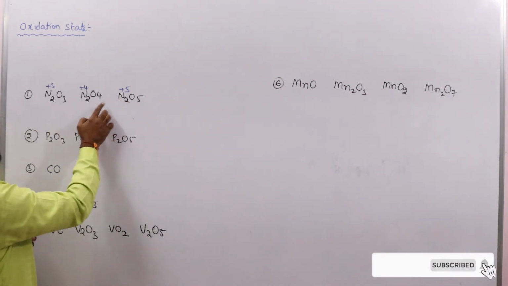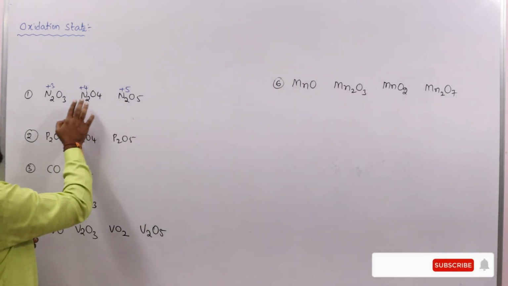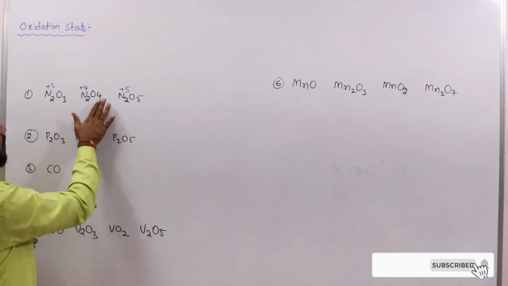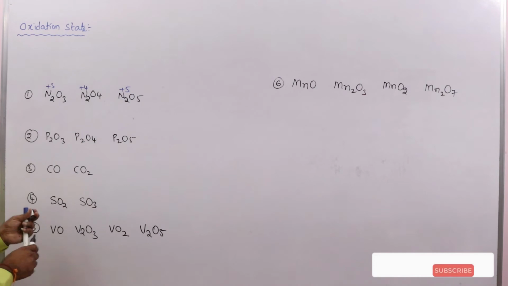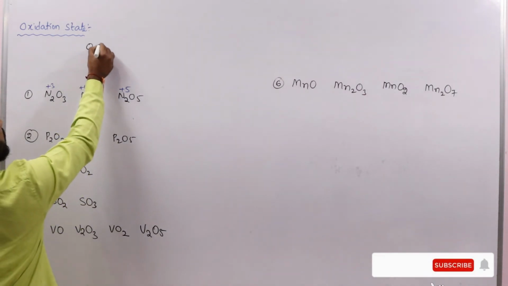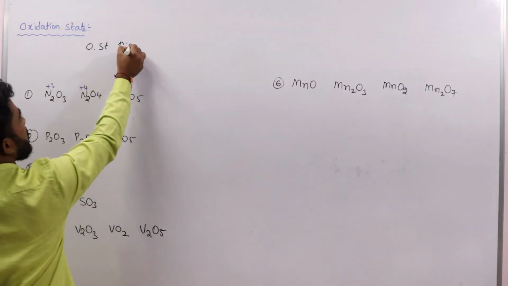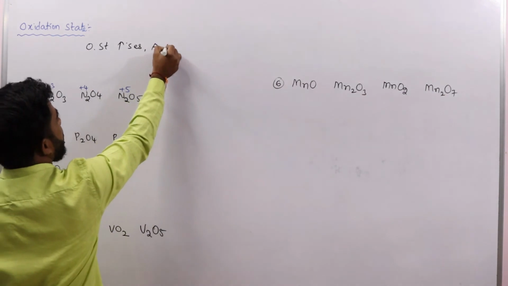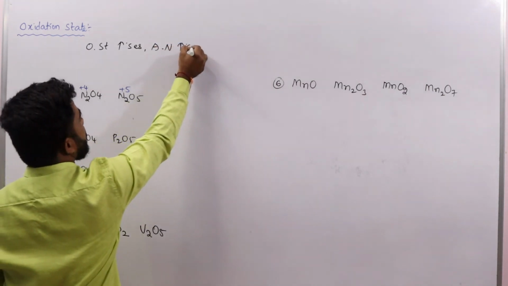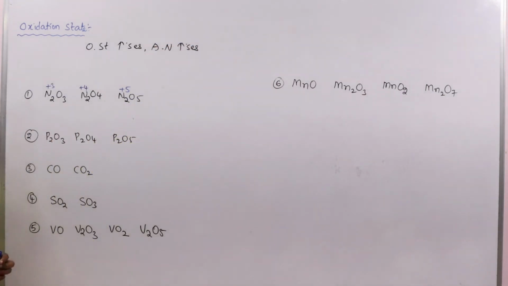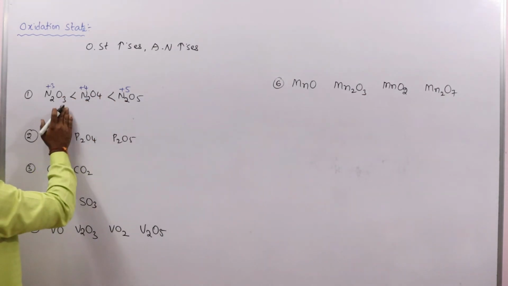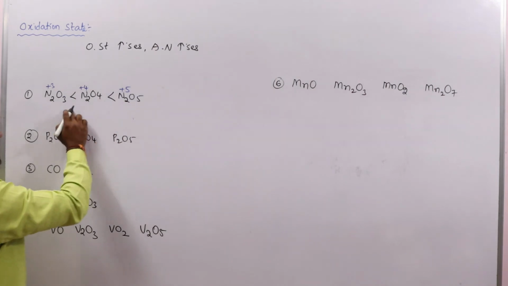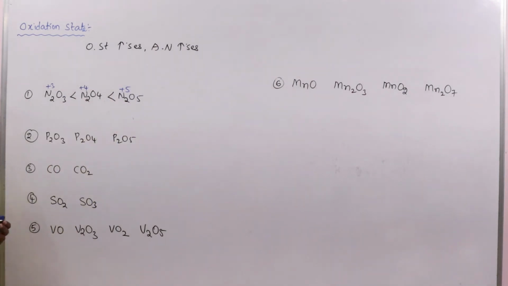From here to here the oxidation state increases from +3 to +4 to +5, so as the oxidation state increases, the acidic nature of oxides increases. From N2O3 to N2O5 acidic nature increases.